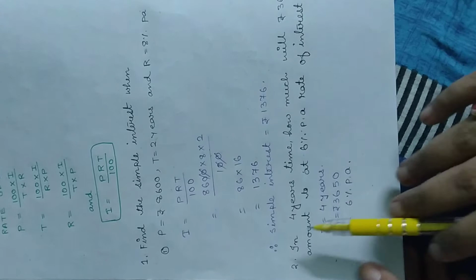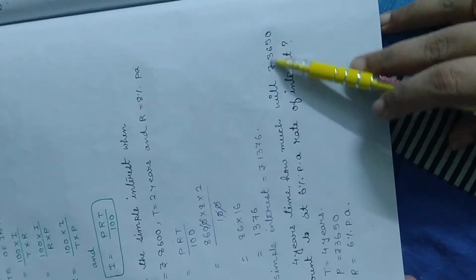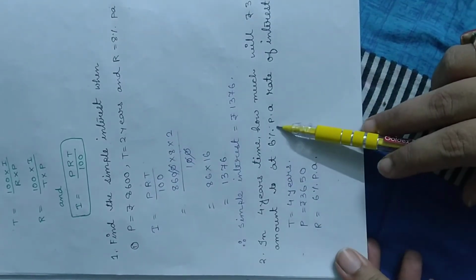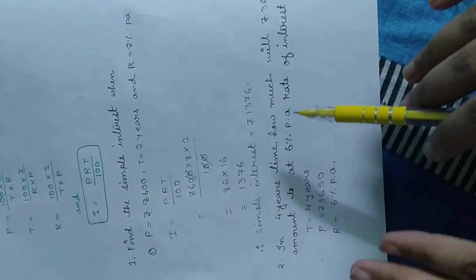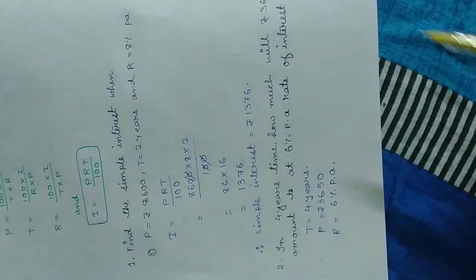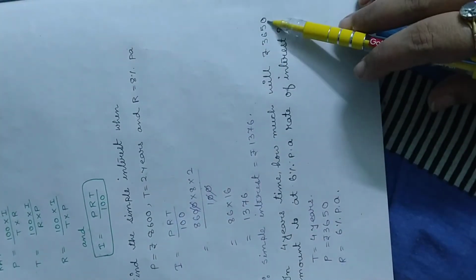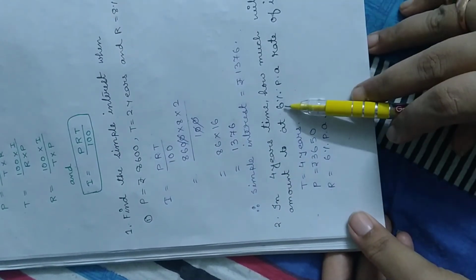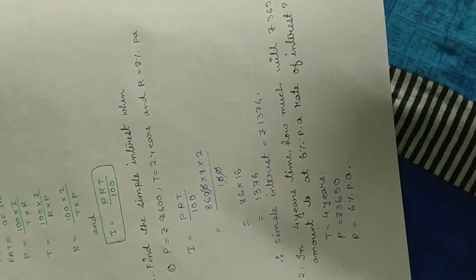Now come to question number 2. What is given here? In 4 years time, how much will rupees 3650 amount to at 6% per annum rate of interest? How much it will amount to means, when a person is keeping this amount of rupees in a bank for 4 years at the interest rate of 6% per annum, then after 4 years how much in total he or she will get.